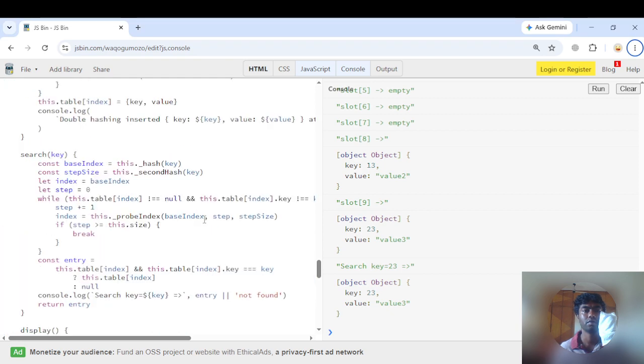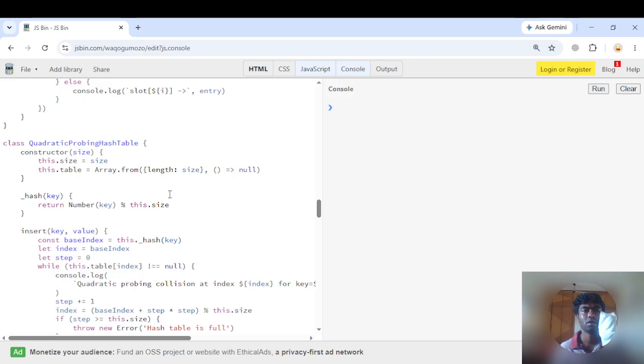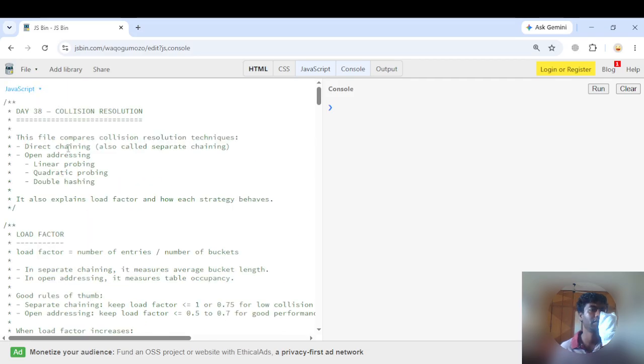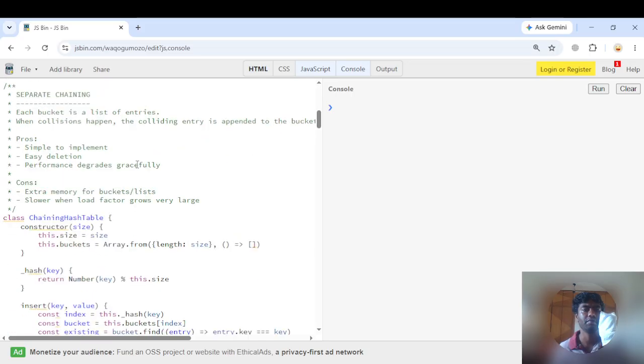Okay, so here I've written few definitions and the different types of collision resolutions that we have. In separate chaining, each bucket is a list of entries, right? So it is obviously simple to implement, with easy deletion, and performance degrades gracefully, because as more elements are stored at a specific index, the list or the linked list keeps growing in size.